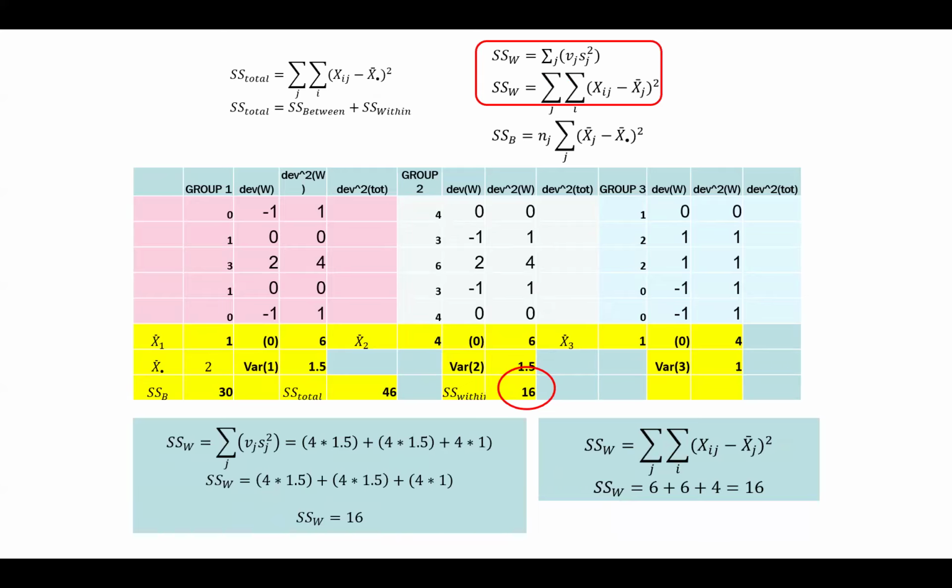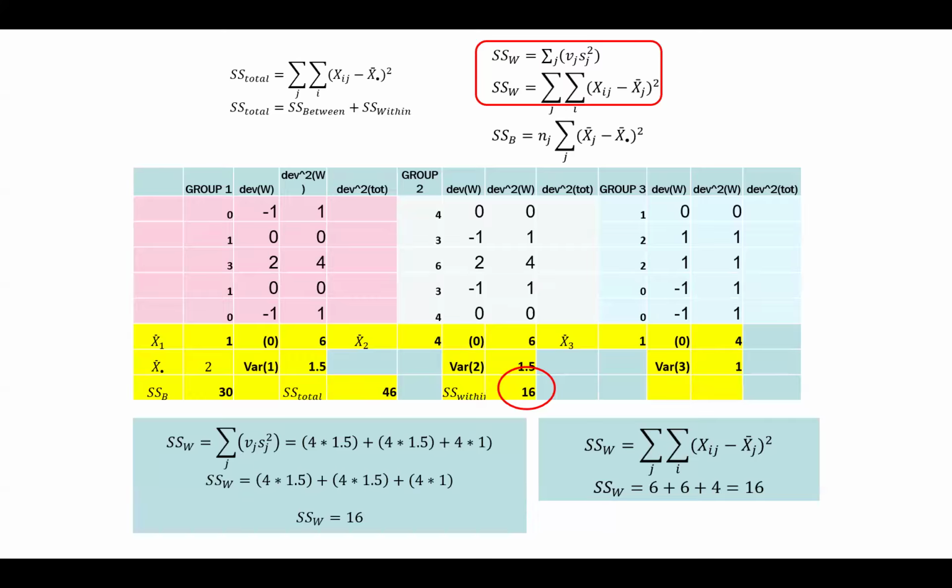So I've written it out for both versions here. 4 times 1.5. 1.5 is the variance for group 2. And 4 times 1. 1 is the variance for group 3. The alternative way is sums of squares within for group 1. That's 6.